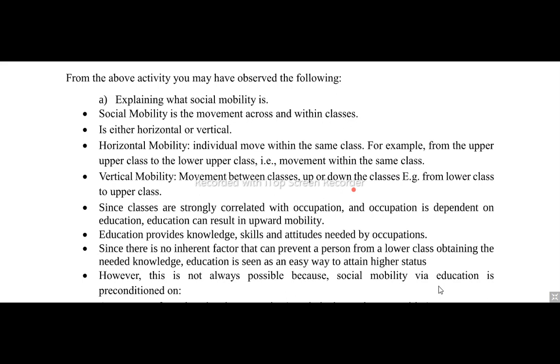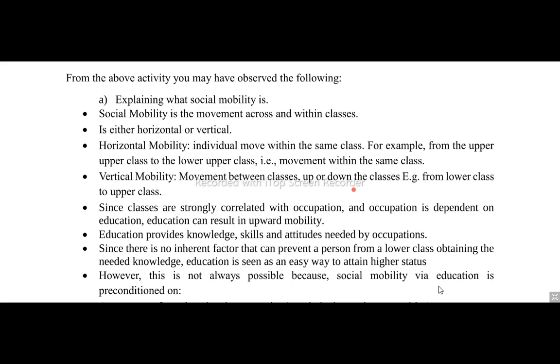Vertical mobility may be either downward or upward. Upward is when you have worked very hard, and you can afford now to move from a one-tent house to a two-roomed house, or from a two-roomed house to a two-bedroomed house. You have moved from lower class to middle class. That is vertical, upward mobility.